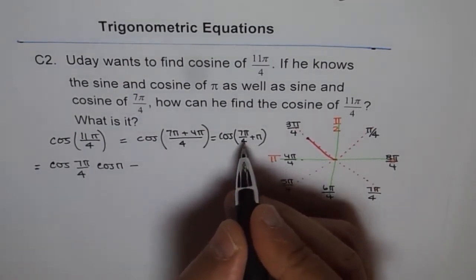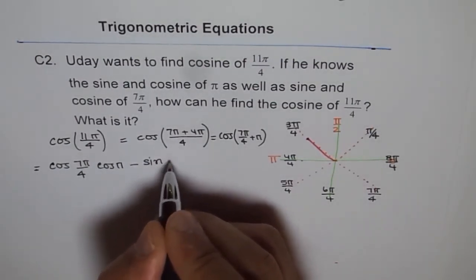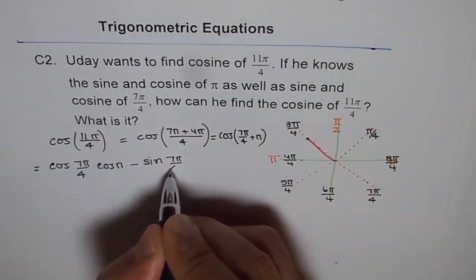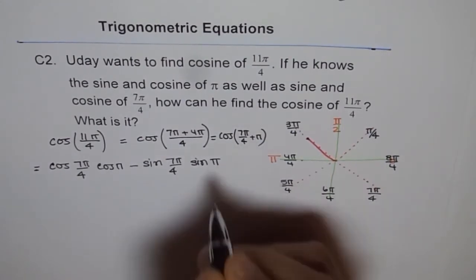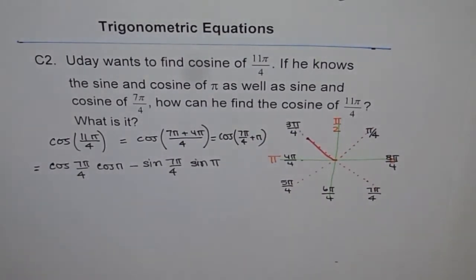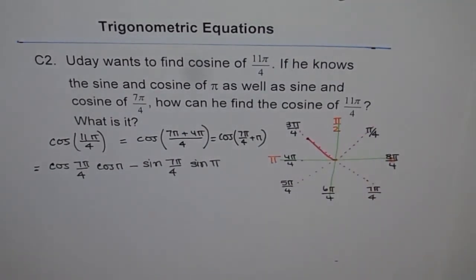Whenever it is plus in cos A plus B, this is minus, remember that. Sine 7 pi by 4 times sine of pi.